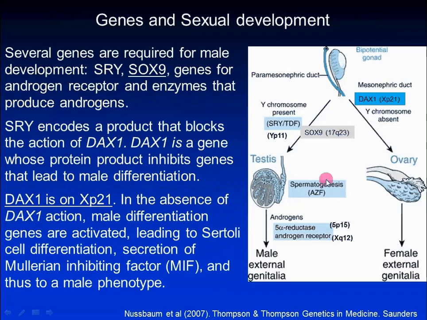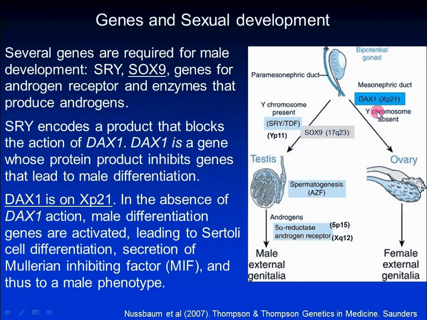This picture on the left side shows you genes important for male development. Besides SRY, 5-alpha reductase and androgen receptor have been covered before. Today, we add the SOX9 gene, which is located on chromosome 17.